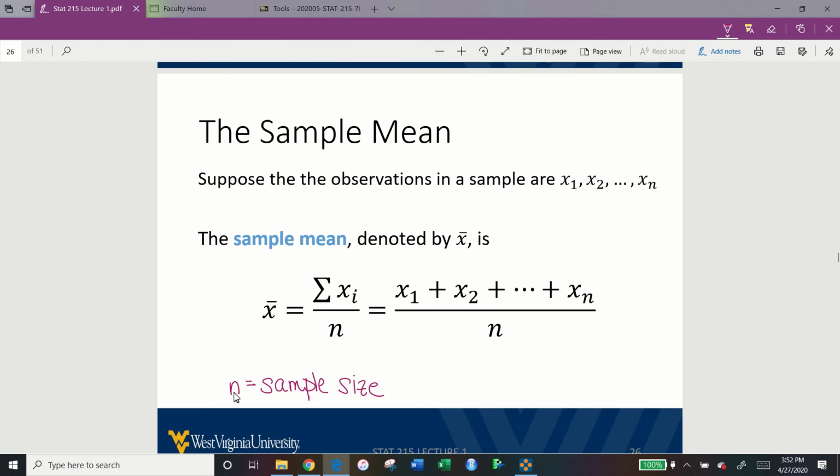So knowing that anytime you see the variable letter n, that's going to mean sample size. And if you're not familiar, this funny looking E is summation. That means we add. And x bar or y bar, anytime you see a lowercase letter with a bar over it, that is going to denote a sample mean.